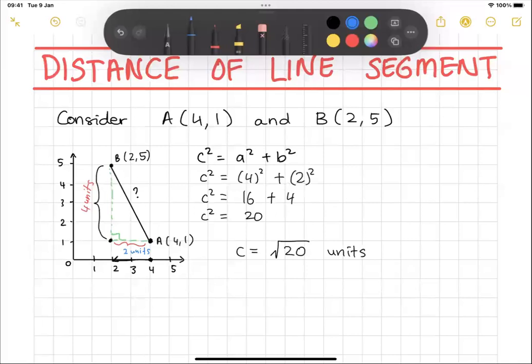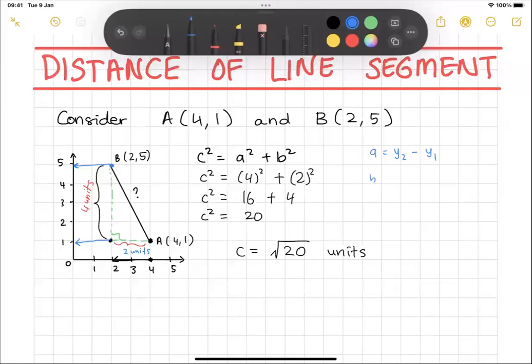Well, let's focus on my a. I found it from my y2, my bigger number, minus my y value that is my smaller part. To get a, it'll be y2 minus y1, my bigger number minus my smaller number in this case.